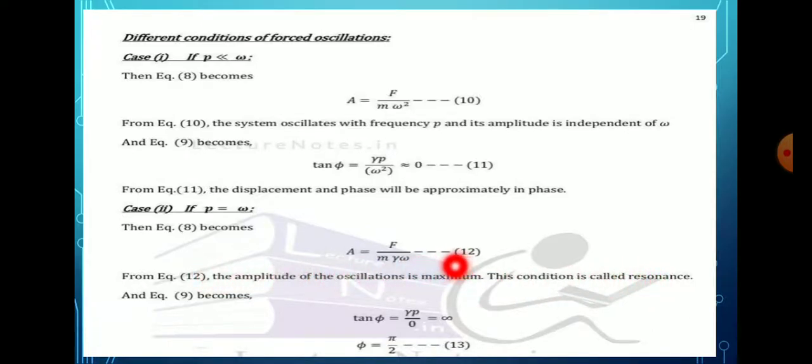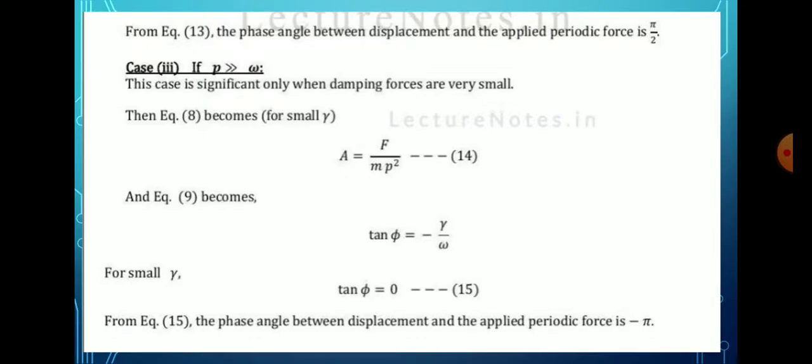When the oscillation amplitude is maximum, that point is resonance. Tan phi is equal to r p divided by 0, that is infinity. Phi is equal to pi by 2. That is equation number 13. Equation 13 says the phase angle between displacement and applied periodic force is pi by 2.